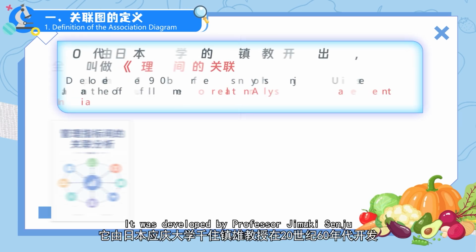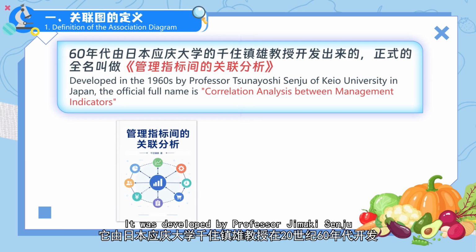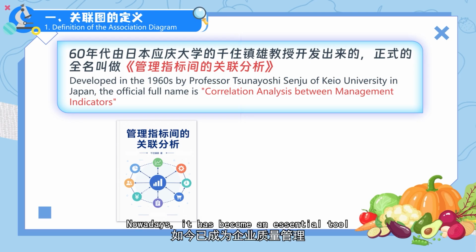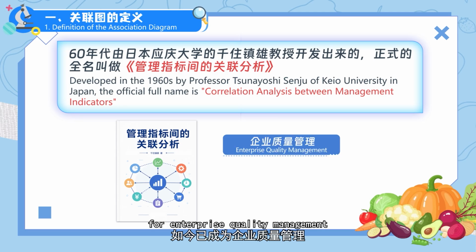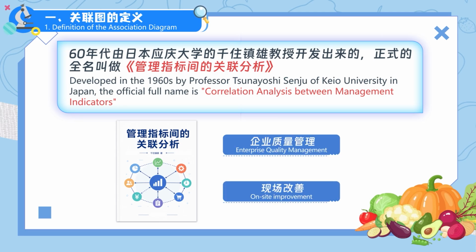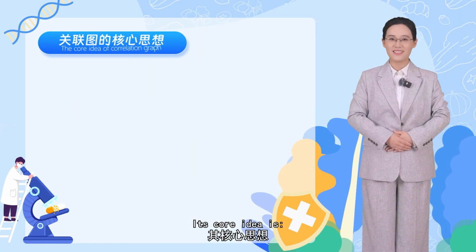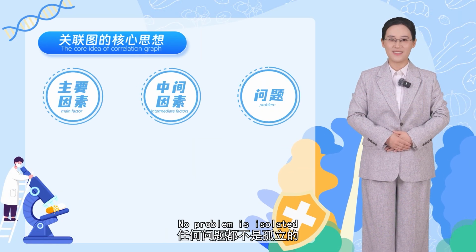It was developed by Professor Jimuki Senju of Keio University in Japan in the 1960s. Nowadays, it has become an essential tool for enterprise quality management and on-site improvement. Its core idea is no problem is isolated.